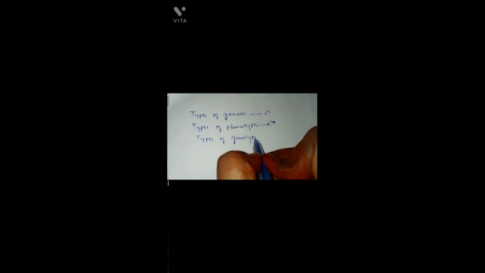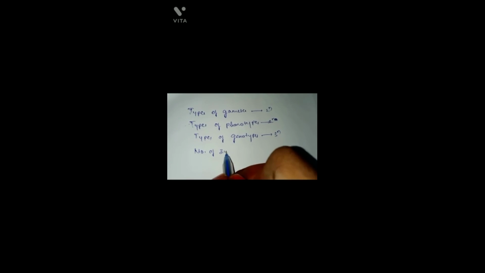The first formula is for types of gametes: we use the formula 2 power n, as used before. N represents the number of heterozygotes. For the types of phenotypes, the formula is also 2 power n. For the types of genotypes, the formula is 3 power n, and the number of zygotes formed is given as G square.